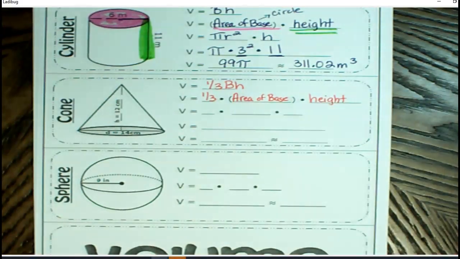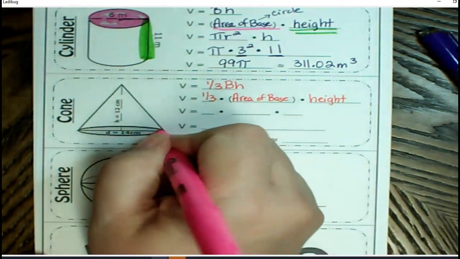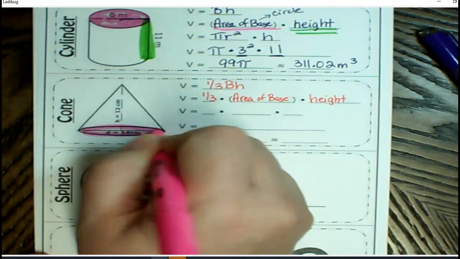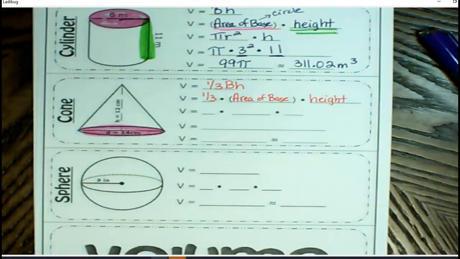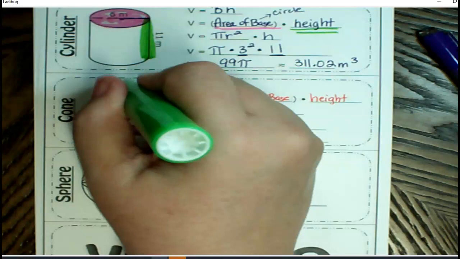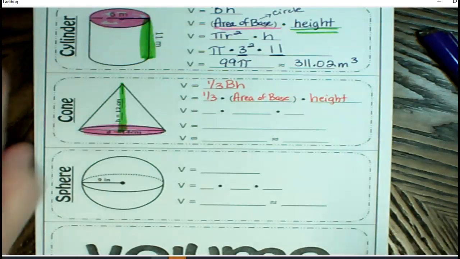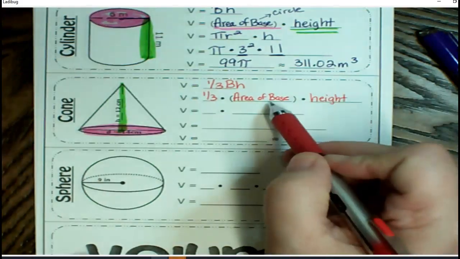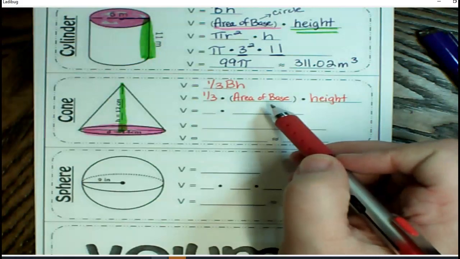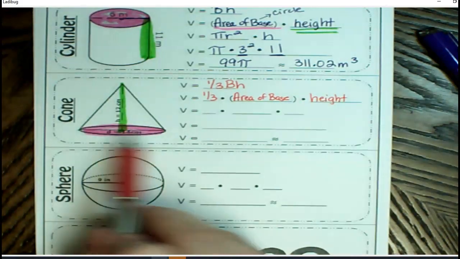Times the height. And again, for reference, let's highlight our base and our height. Our base is the circle. Our height is how tall is the cone from top to bottom. All right, so let's fill in the formulas, because area of base is a calculation, right? It's not just that 14 measurement.